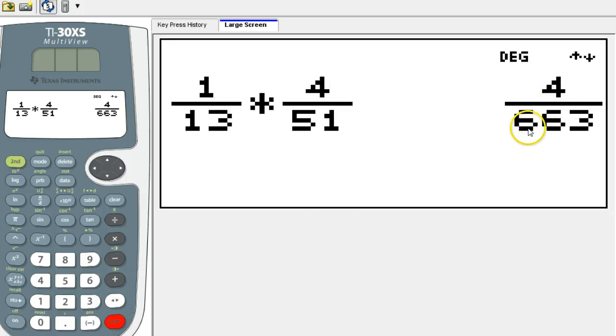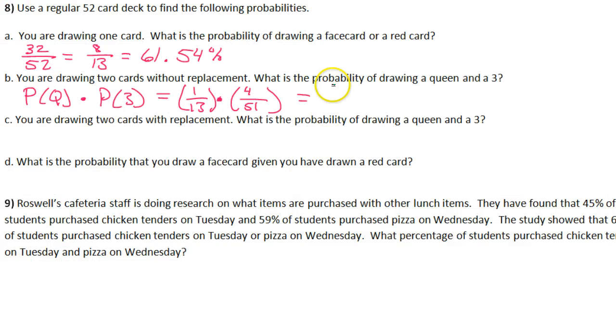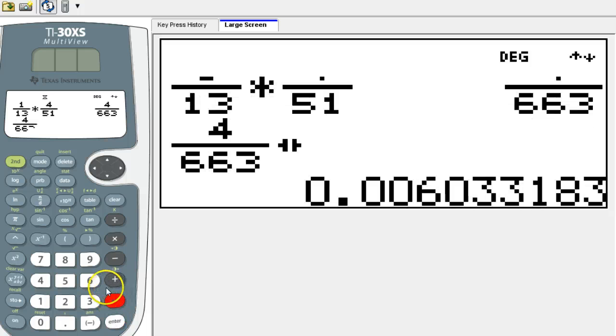Okay, that's 4 over 663. Alright, so this does not seem like a very high probability.